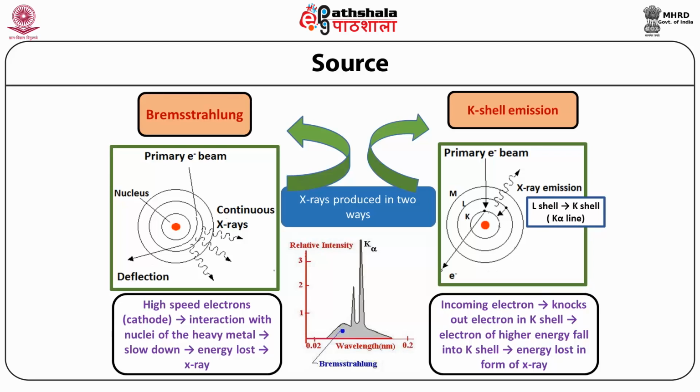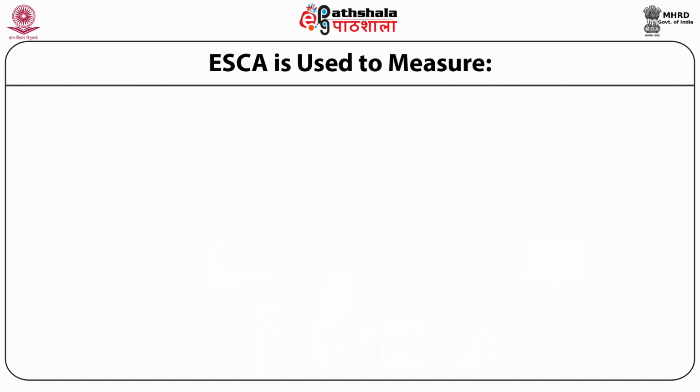The X-rays would ultimately come out with lesser energy. Relative intensity is plotted against the wave numbers in Bremsstrahlung. Then in the other, K-shell emission, we find incoming electrons will be there. They knock out the electron in the K-shell. Electrons of higher energy fall into the K-shell, and energy is lost in the form of X-rays.